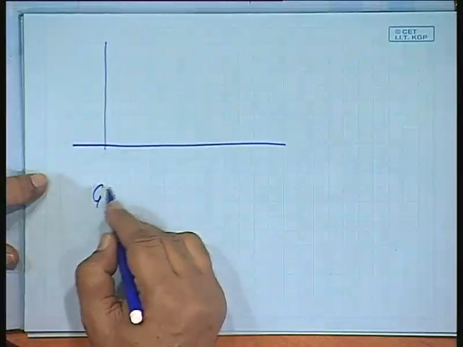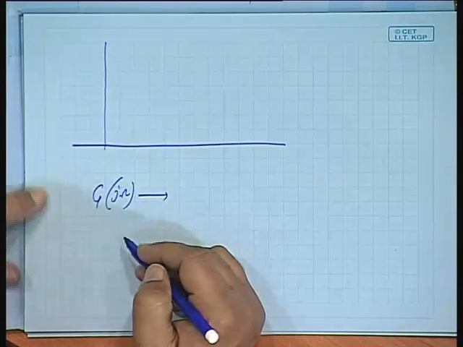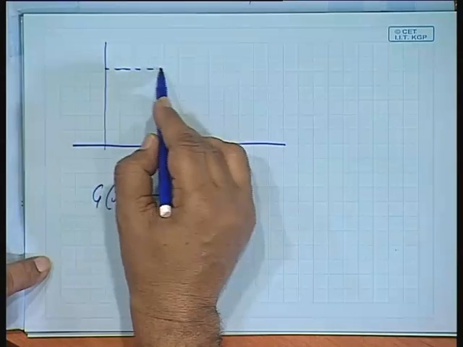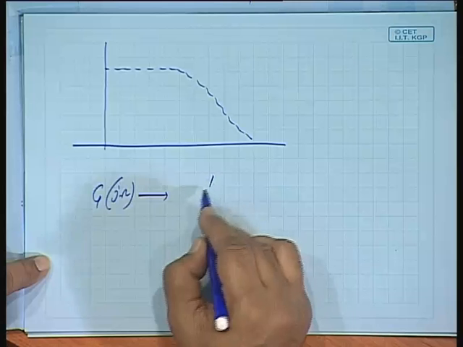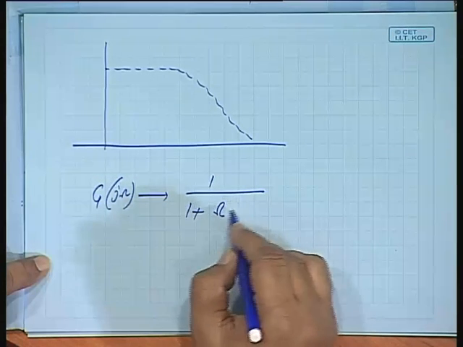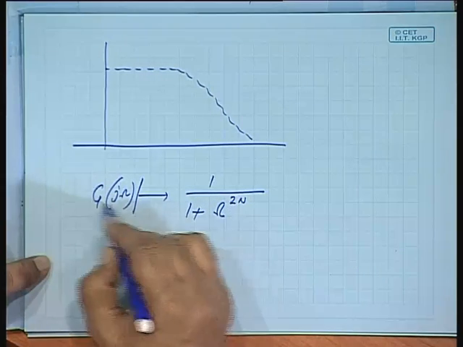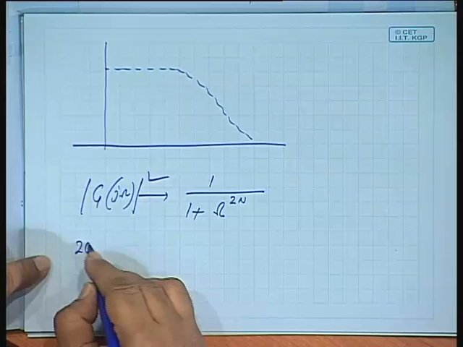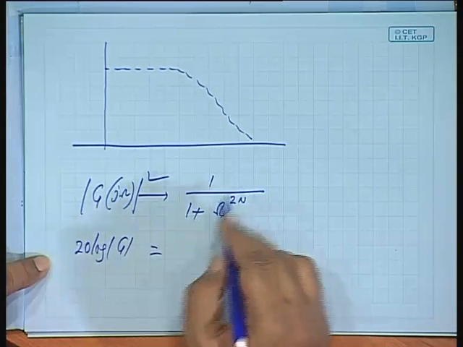G(j omega), the filter function, if it is given, the rate of fall is given by 1 plus omega normalized, if I take the normalized value, to the power 2n, and this is squared. If I take the log of this, 20 log of G is the log of this.